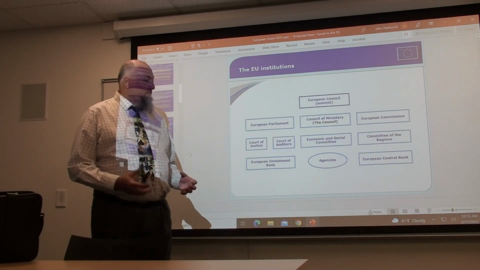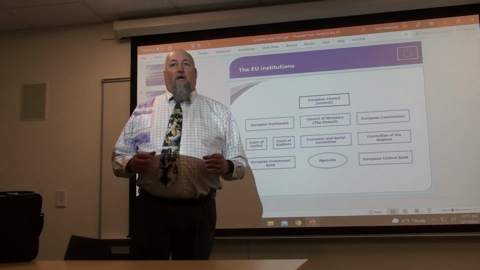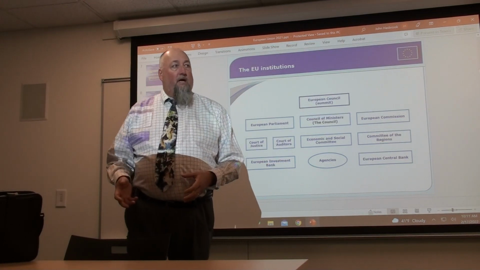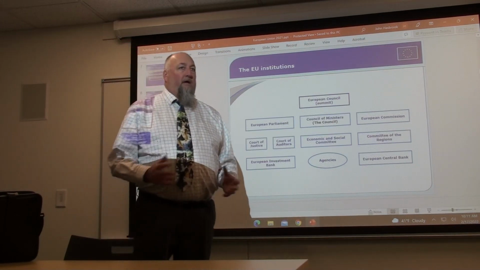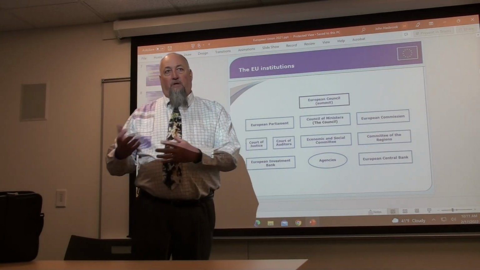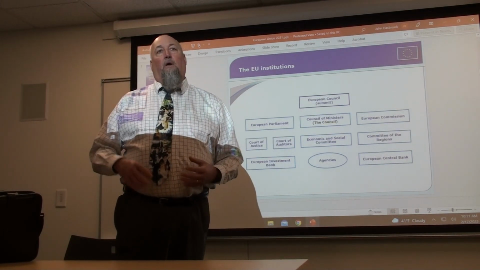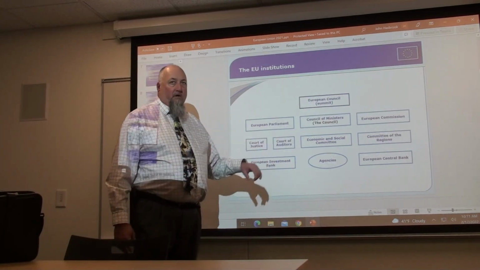The primary duty of the courts within the EU is to make sure that the member states are carrying out their obligations under European Union law and European Union rules. And if another state believes another member state is not carrying out the EU requirements, they can bring a case. There are various different kinds of cases that can be heard.